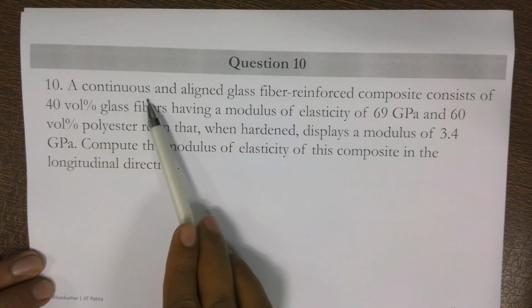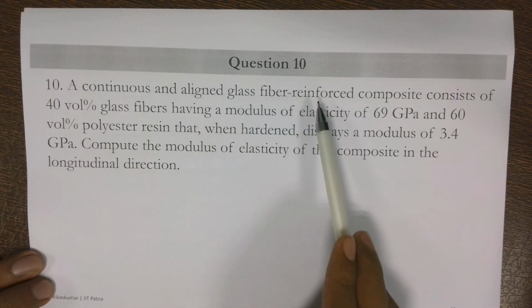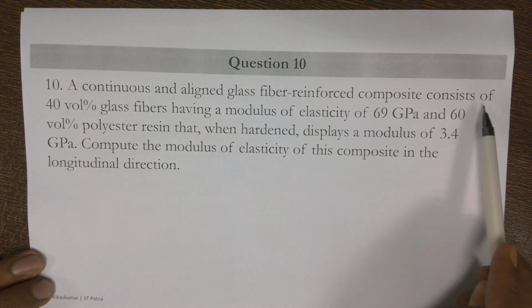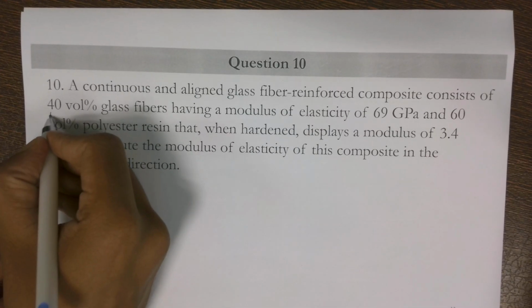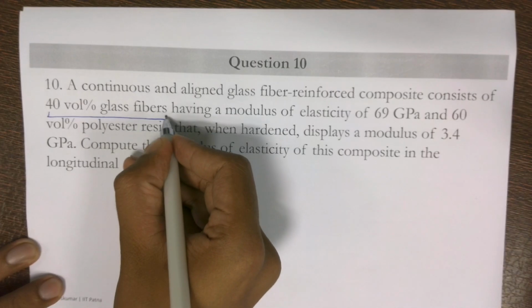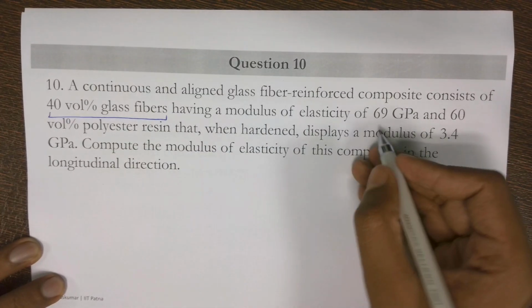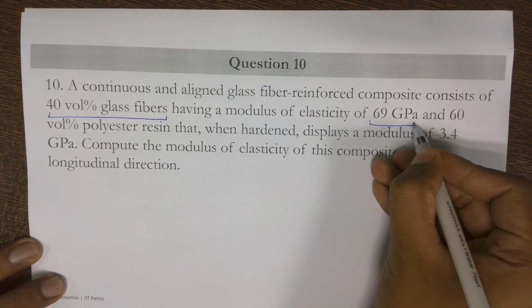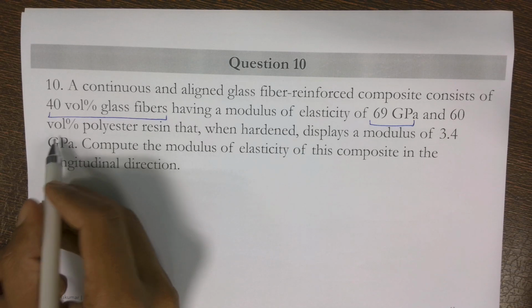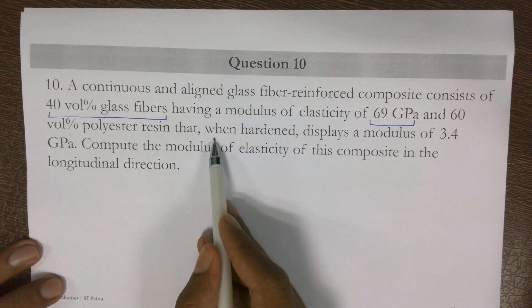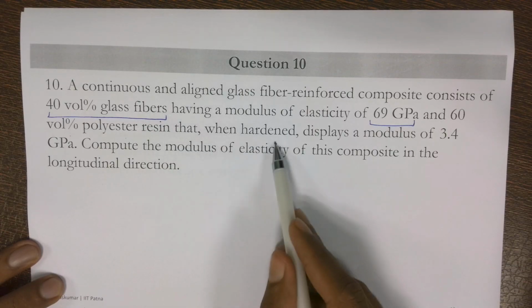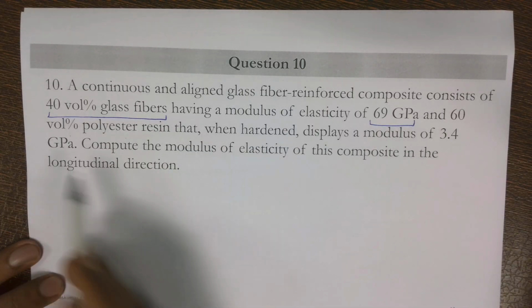Okay, great. A continuous and aligned glass fiber reinforced composite consists of 40 volume percent glass fiber having a modulus of elasticity 69 GPa, and 60 volume percent polyester resin that when hardened displays a modulus of 3.4 GPa.